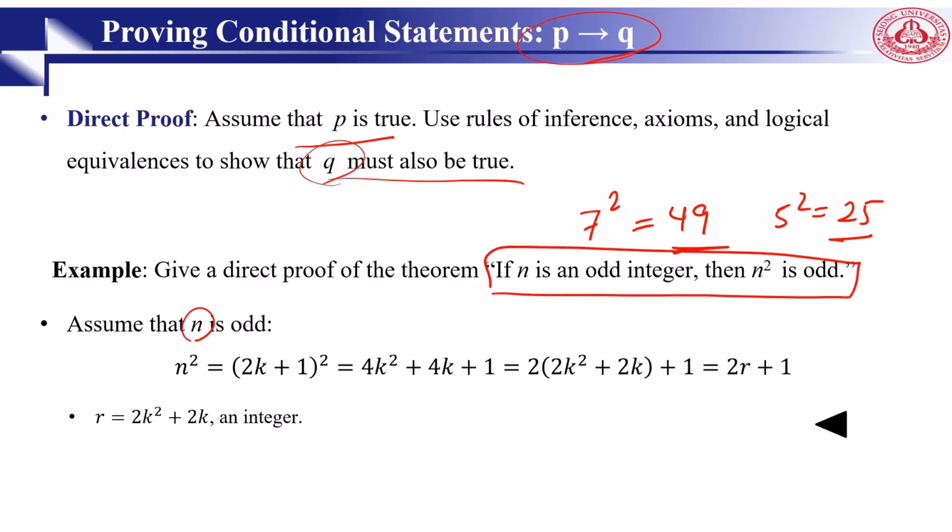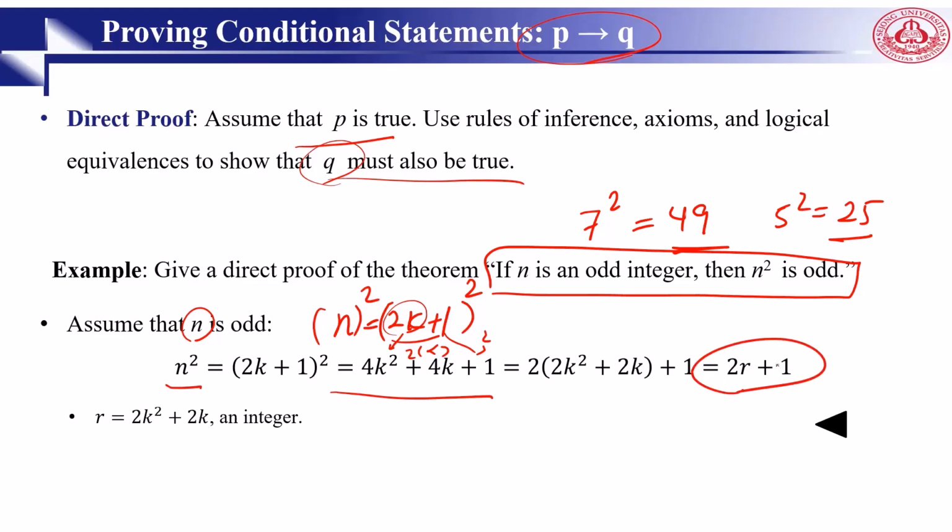Then, since it is odd, n equals 2k plus 1, for k whatever it is. Then we square this one. So n squared equals (2k plus 1) squared. This one power 2, this one power 2, and 2 times this one multiplied by this one, right? Then if you simplify it, you come up with 2r plus 1.